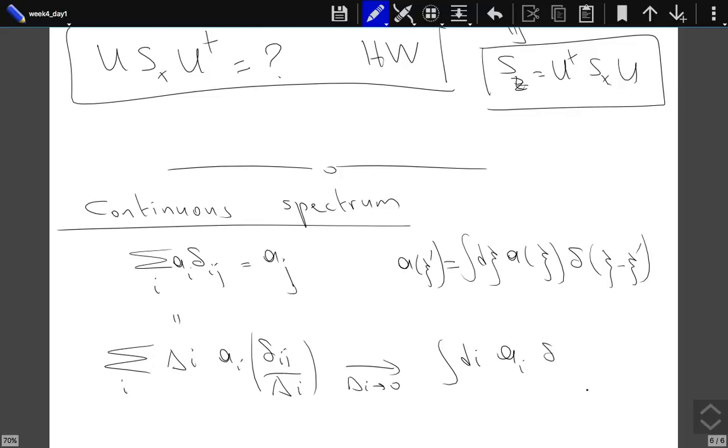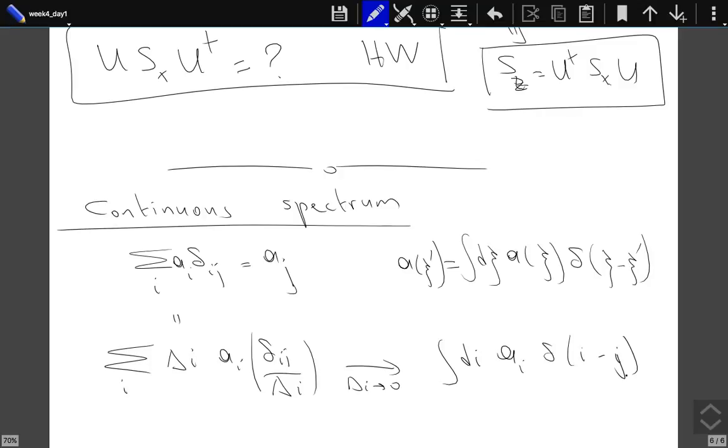This function should be 0 for every two distinct numbers i and j. If i and j are different, this should be 0. And it should be infinite because of this division by delta i. It should be infinite when i and j are equal. Well, that is basically one of the properties of the Dirac delta. So that's why we have i minus j.